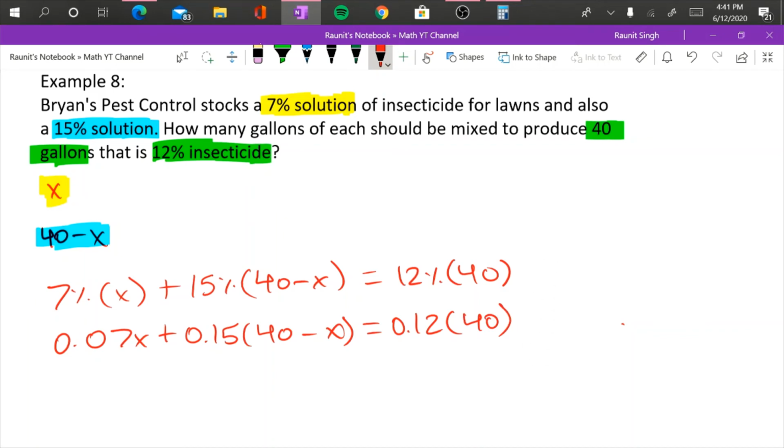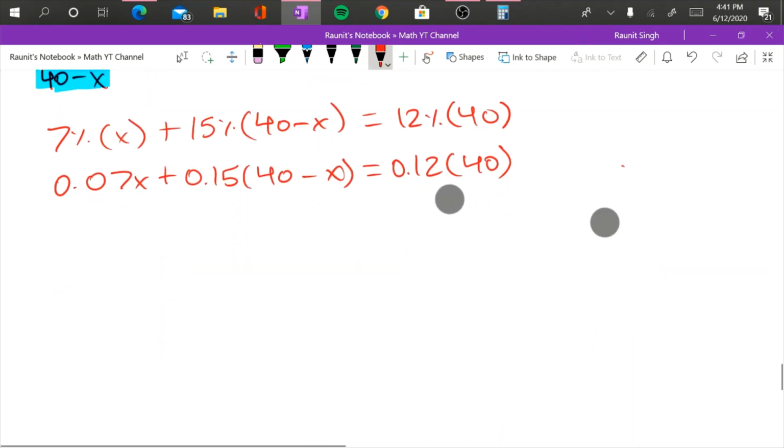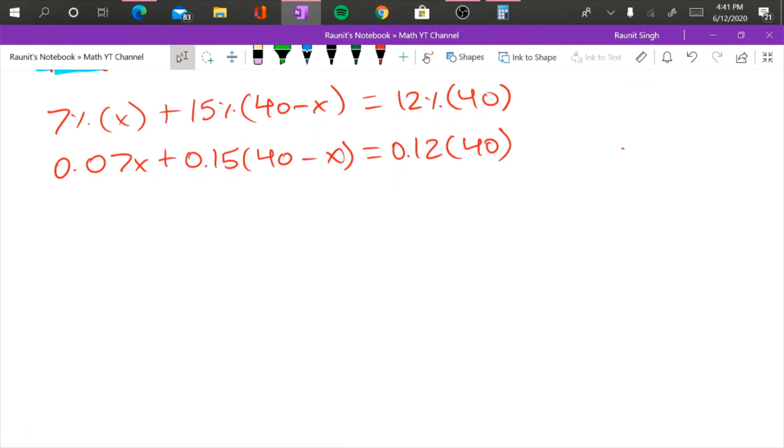So if we scroll down so that we can have more space, we will do the distributive property so that we can get 0.07x plus 6 minus 0.15x, which is equal to 4.8.